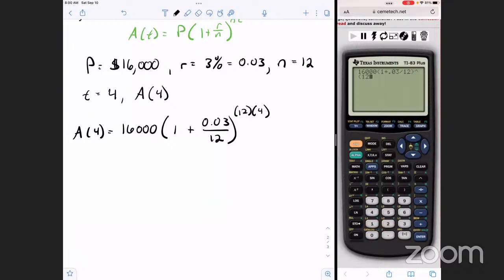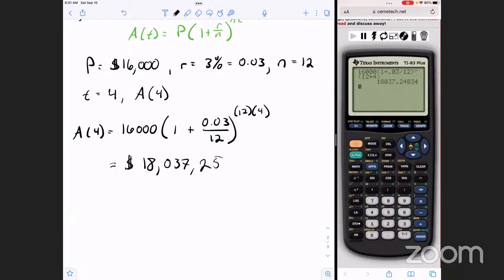That way it does the 12 times 4 first, and whatever answer we get is our power. Use of parentheses and a sense of order of operations is important when you type it in a calculator like this. Then we get a result: $18,037.25.